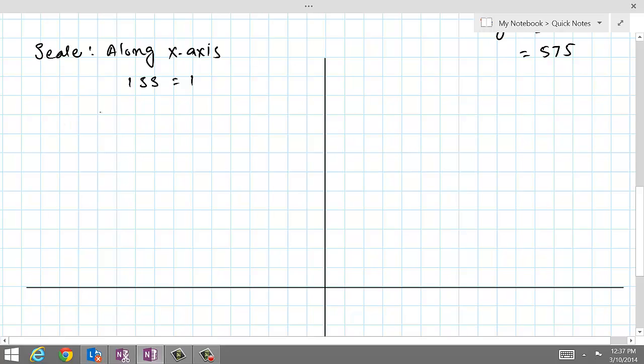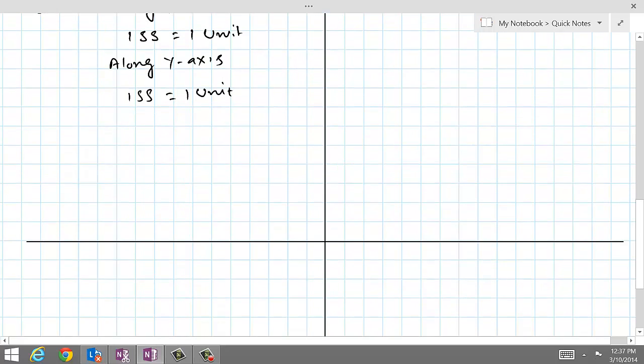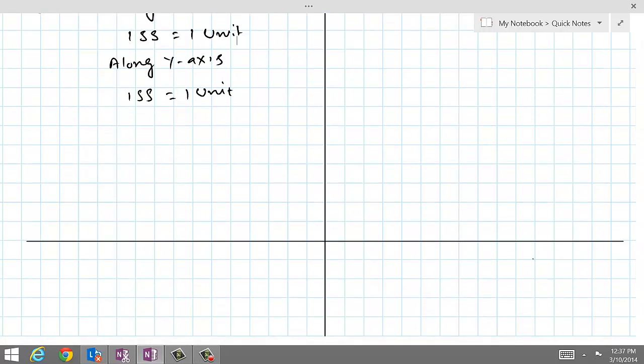Then along y-axis, we can choose the same thing, one small square equal to 1 unit as well. So if this is the scale, let's label the values for x first.